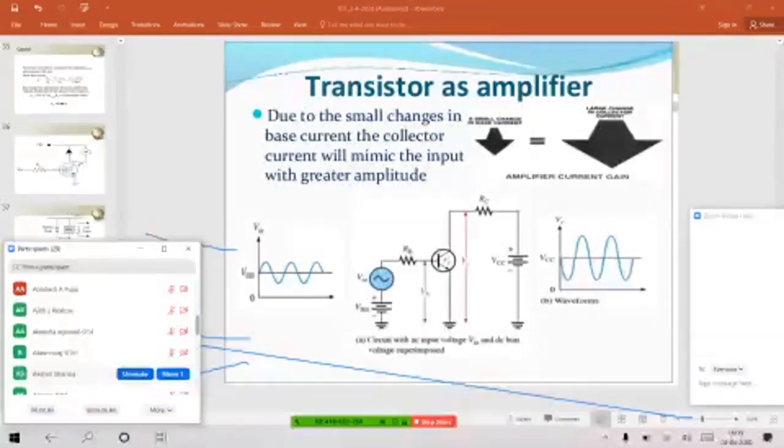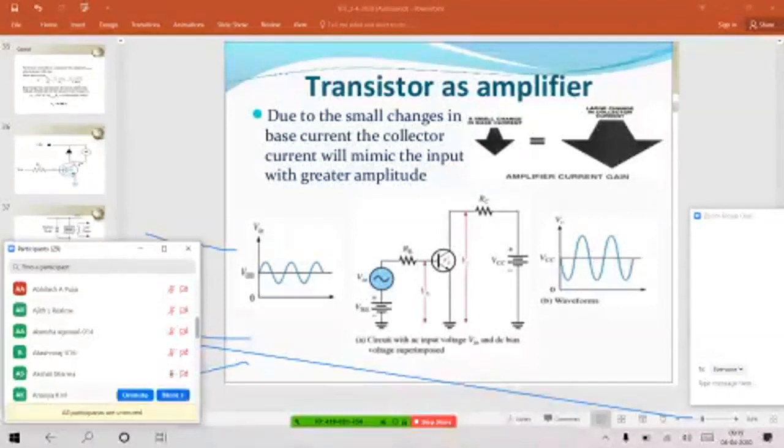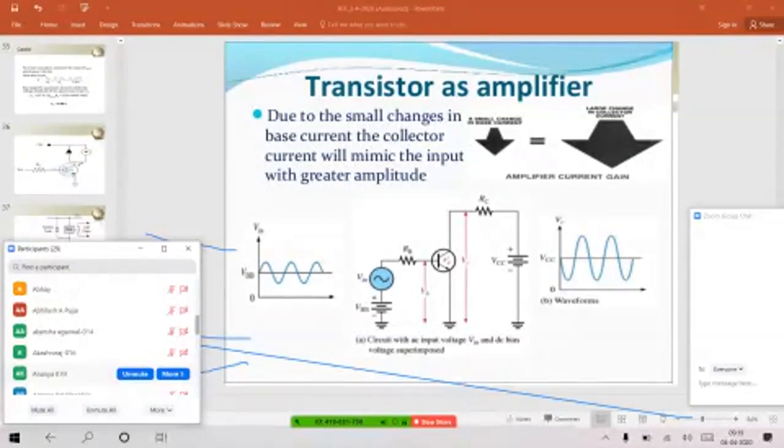Akshat Sharma, yes, sir. Changes in base current may lead. Tell me where to operate the transistor so that it will work as a perfect amplifier.